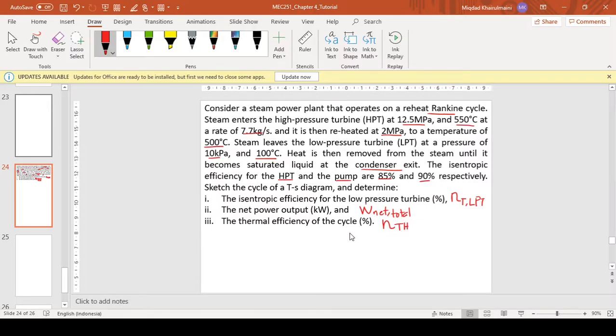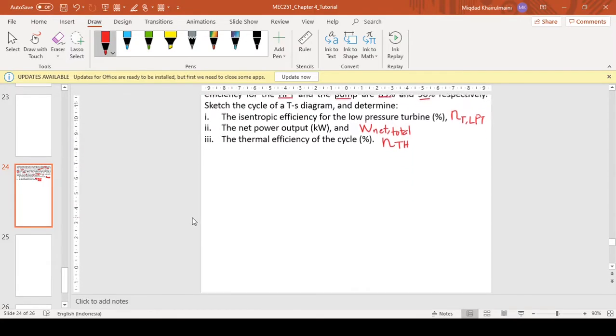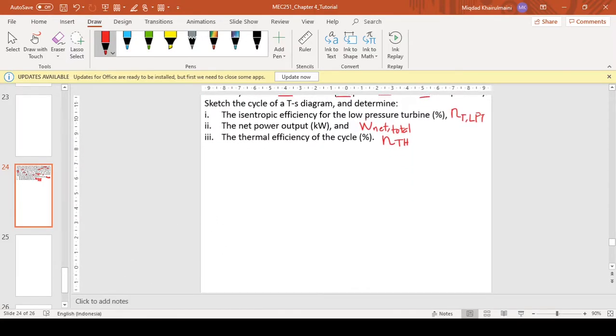Okay, so we can start with drawing the schematic diagram for the reheat Rankine cycle. So step 1 is to draw the schematic diagram. We can start with the pump, and then we can have the boiler.